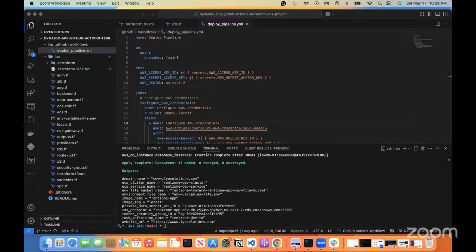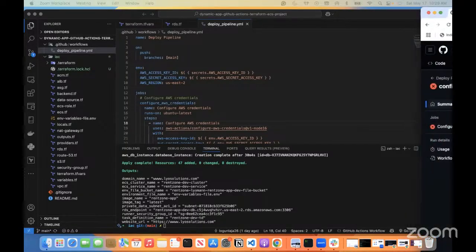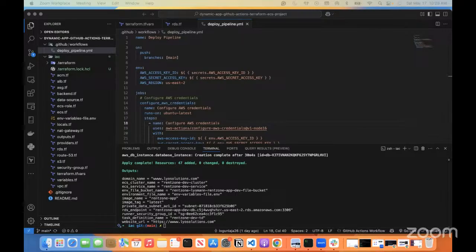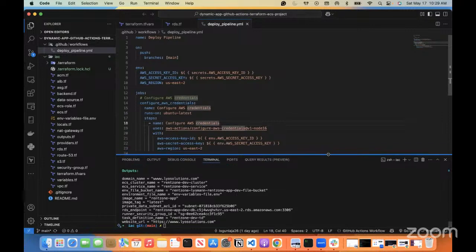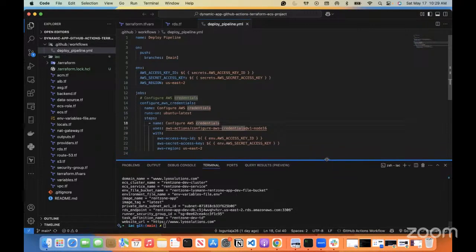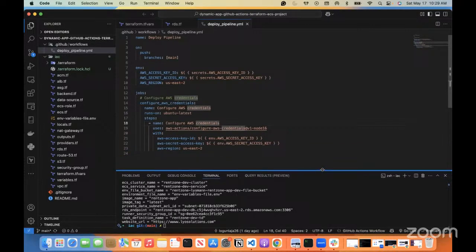So the main thing is probably, let's say you have your access key ID, secret access key, then you have your job configure AWS credentials, runs-on ubuntu-latest.